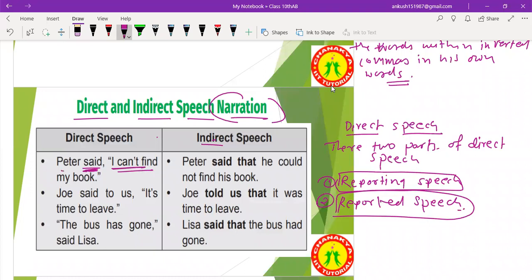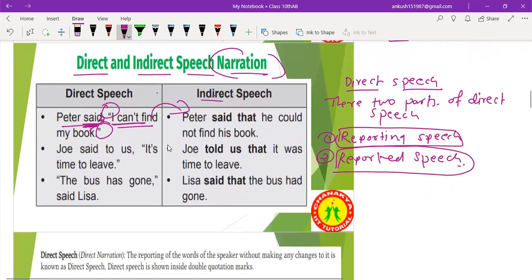So these two parts are there in direct speech. But whenever we transform the sentence into indirect speech, we remove inverted commas and commas as well, and we make a lot of changes to the sentence. Have you got the point? Let us understand these sentences first.